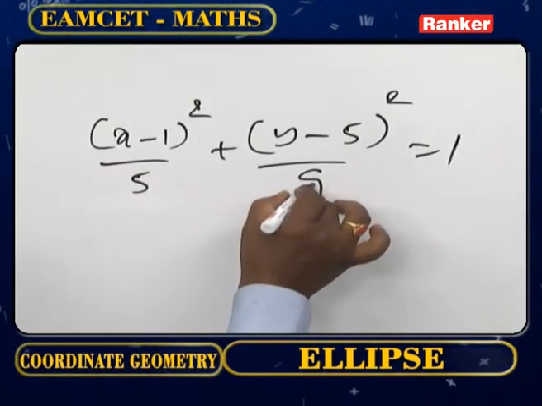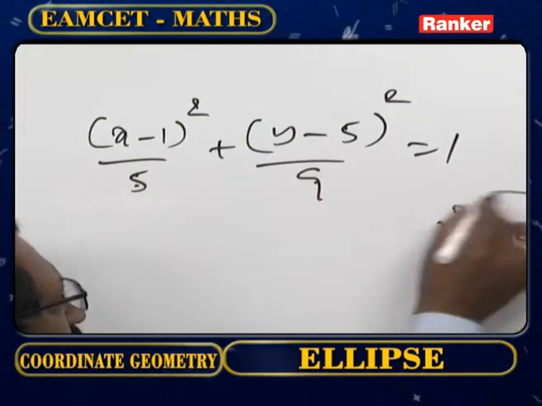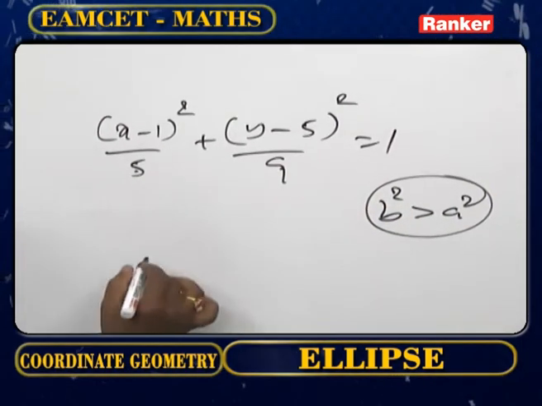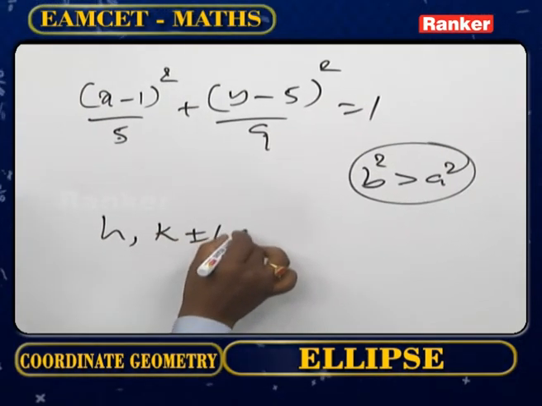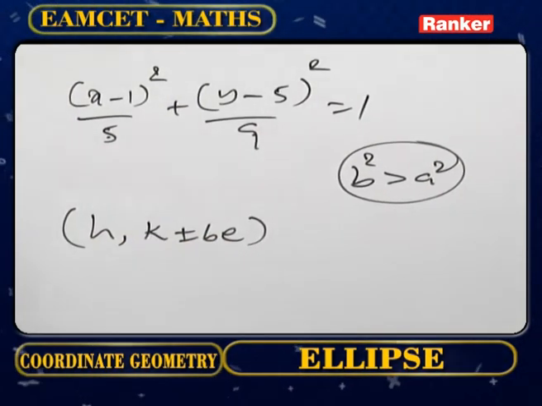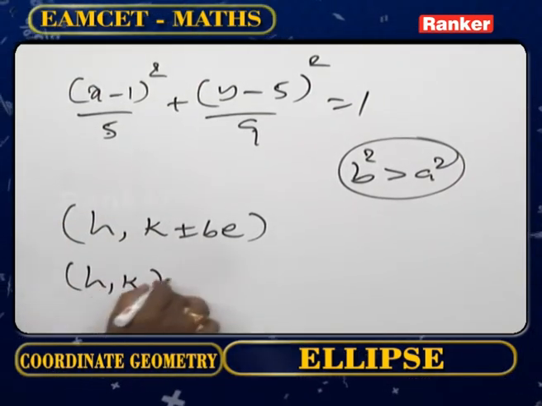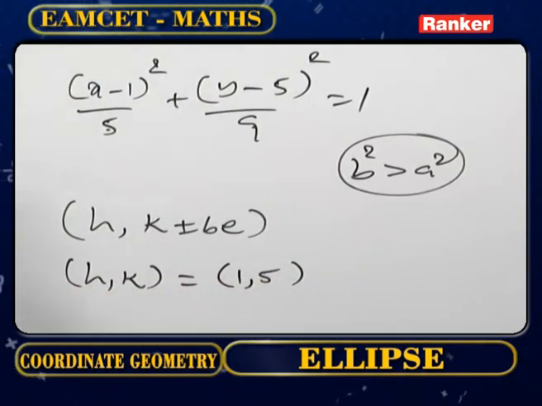But here b square is greater than a square. Then, in that case, the foci of the ellipse are h comma k plus or minus be. Here h comma k is the center, which equals 1 comma 5.